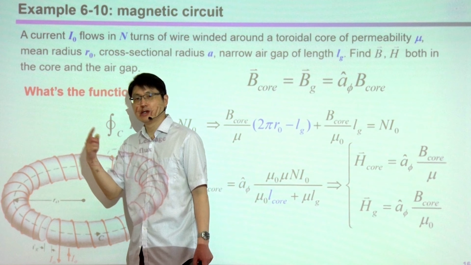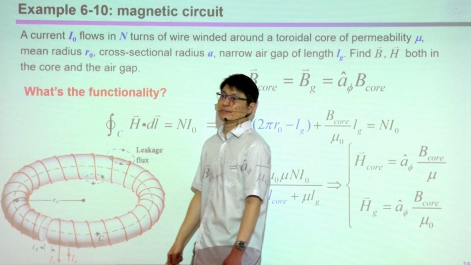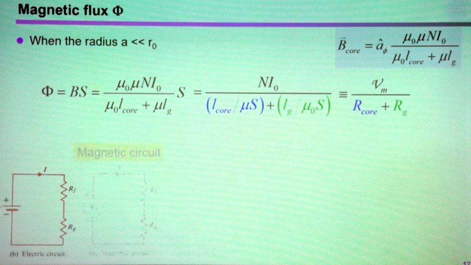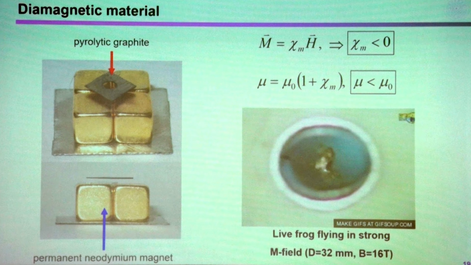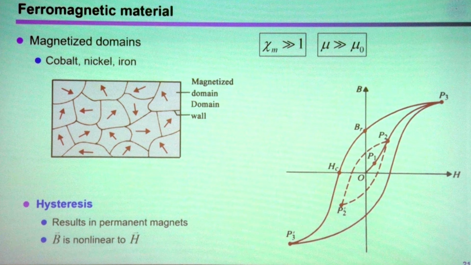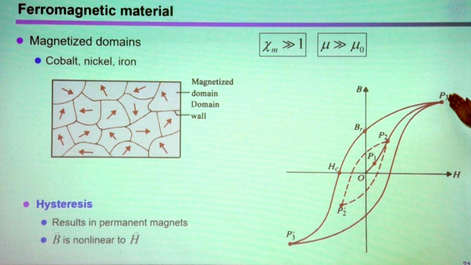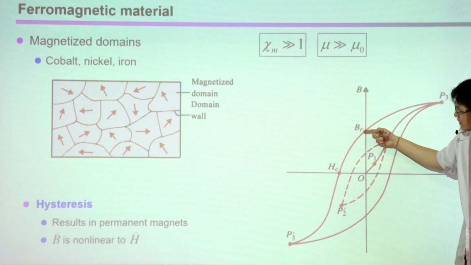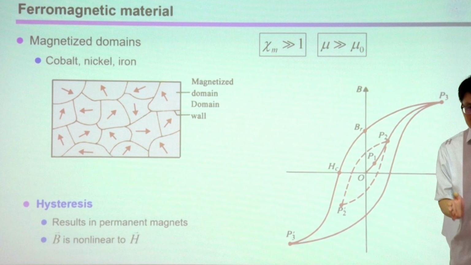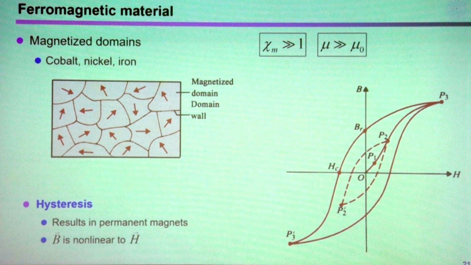Because you're using the core to produce lots and lots of field lines. So the usage of this example is directly linked to fabricating permanent magnets using ferromagnetic materials, right? You want to achieve a high field value so that when you turn it off, due to hysteresis, the entire material is still magnetized, meaning it has its own north pole and south pole. Okay?